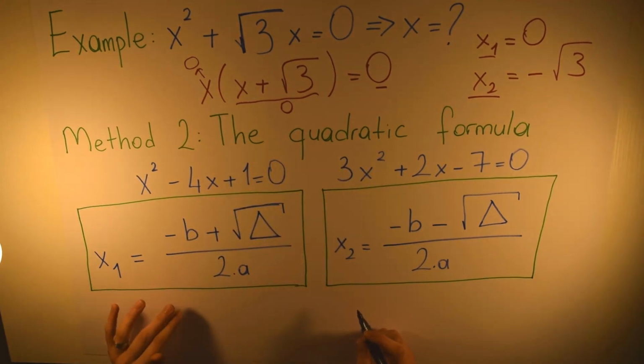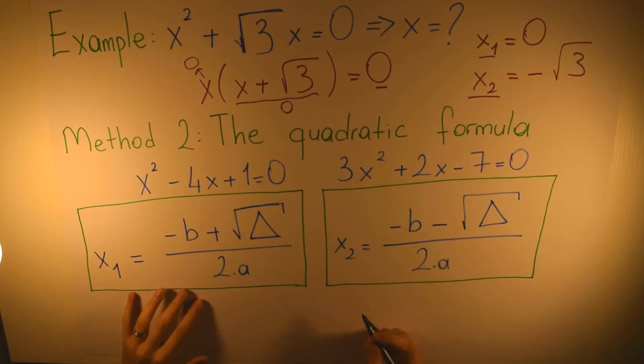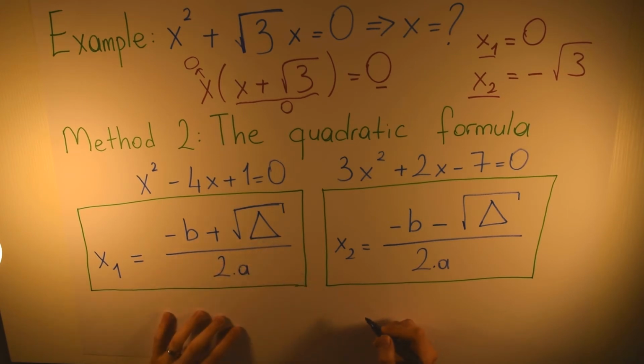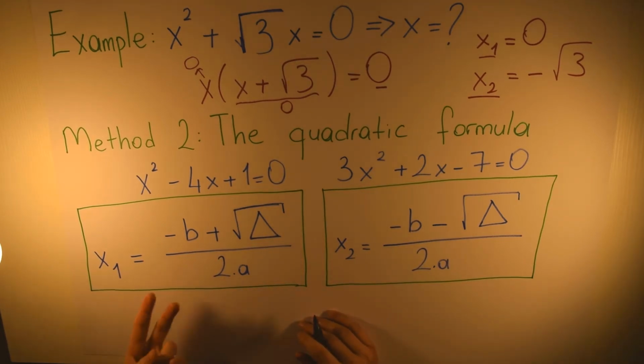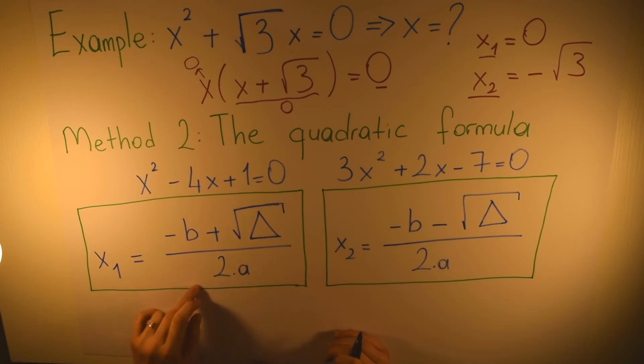The first step is we will find the discriminant of the equation to see if it has real solutions or not. So what was our discriminant? It was b squared minus 4ac, right? So first we find them, and after that we will look if it has real solutions or not. After that, our second step is to apply the quadratic formula.